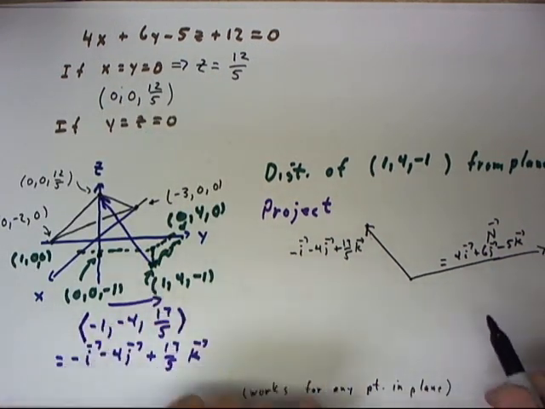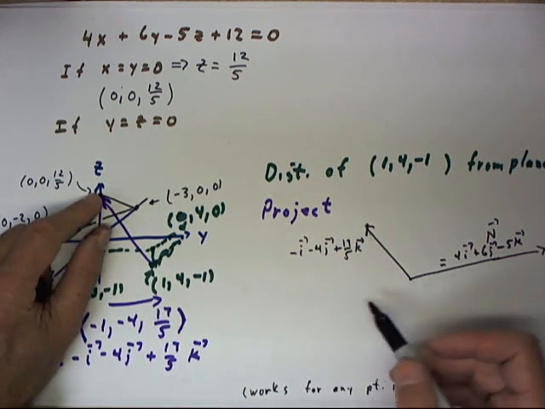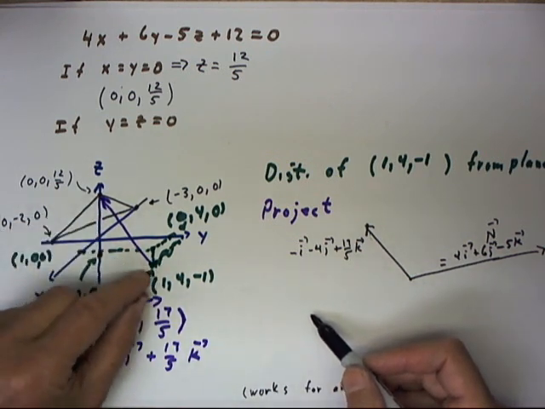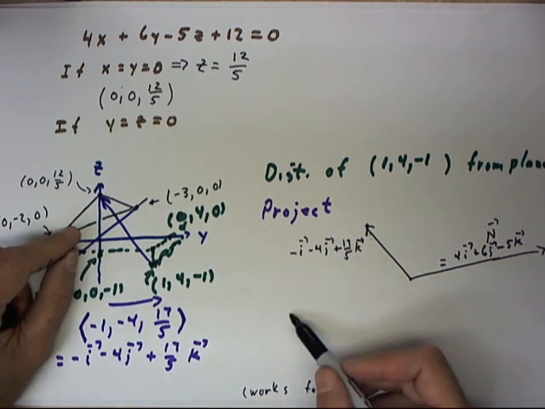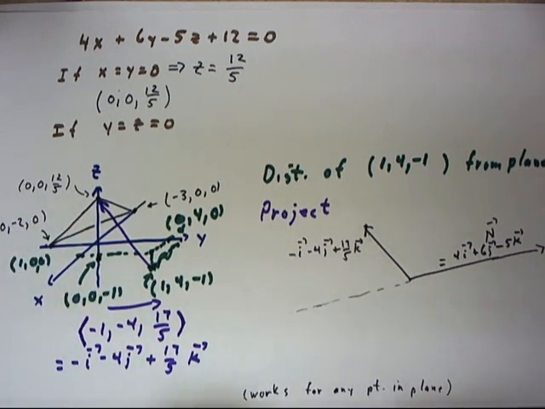Now we want to know what the distance is from this point to this plane. That distance is going to have to be measured at a perpendicular to the plane, meaning that it's going to have to be measured along the line of this normal vector.